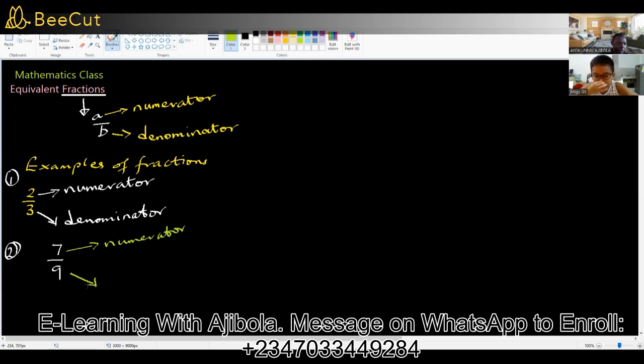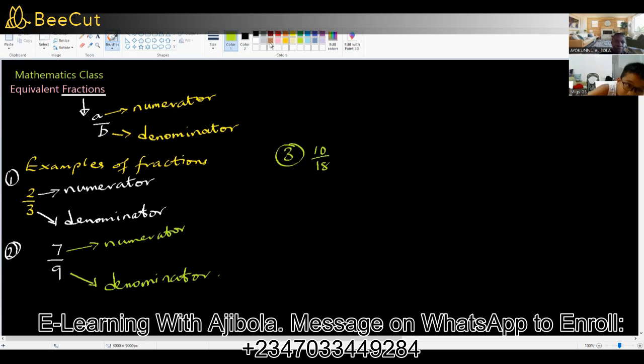So, what is the denominator? That's 9, right? Okay. Good. So can you give me a third example? Can you give me another fraction? How about 10 over 18? That's correct.